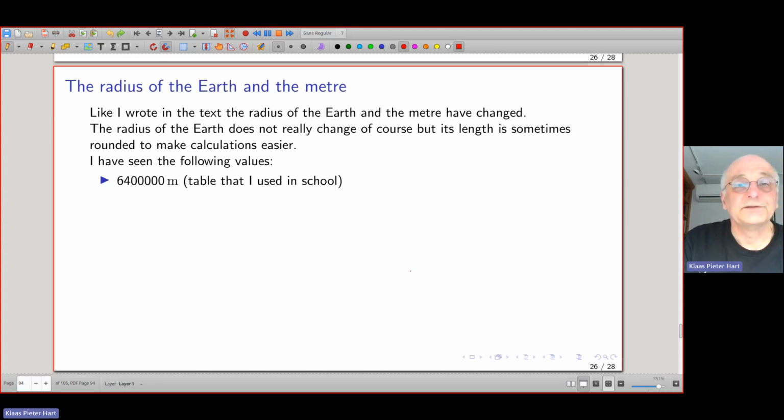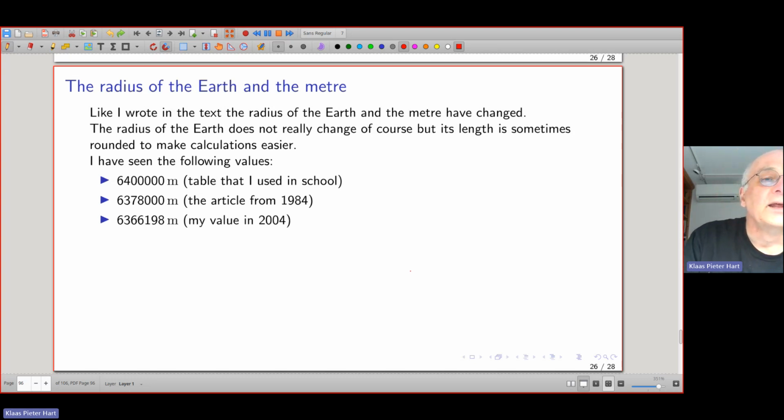That made calculations in physics easier. The article from 1984 used a slightly more precise value. And of course, in 2004, I took the original value of the meter and got this as my length of the radius of the Earth.